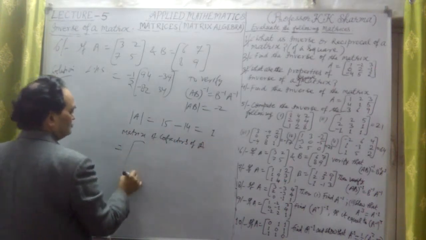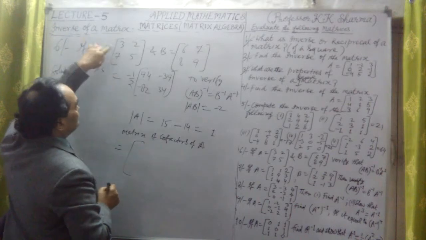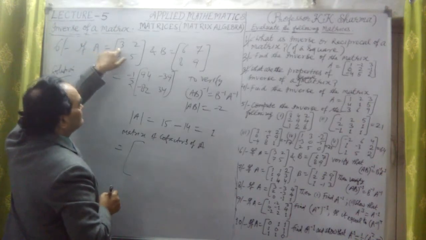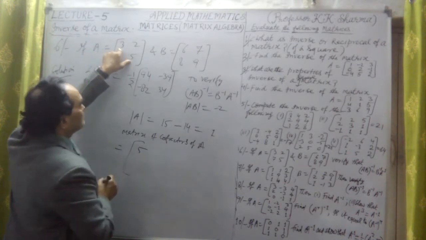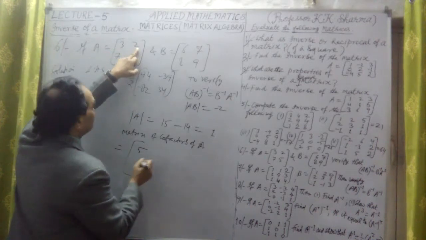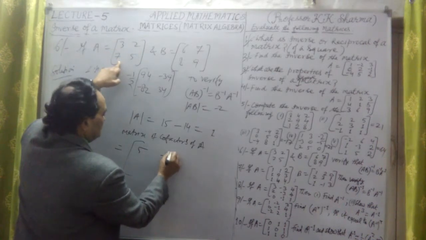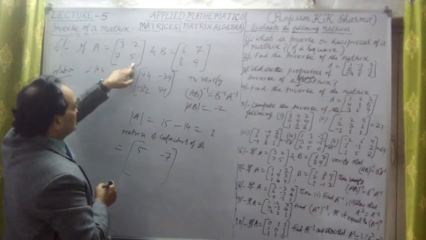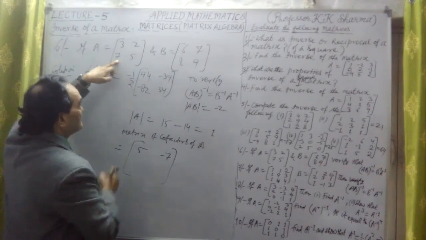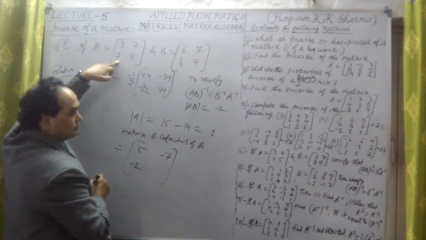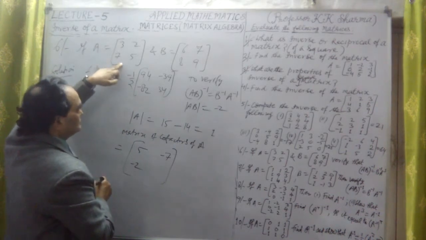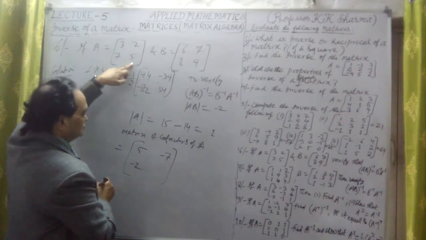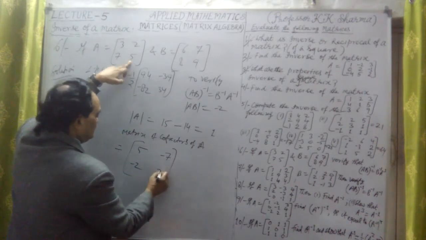If we take those values directly, the cofactor of 3 is positive 5. The cofactor of 2 will be negative, minus 7. Then the cofactor of 7 will be minus 2, negative because it is an odd position, 1 2. For the 2 1 position, it is even, so it is positive, plus 3.